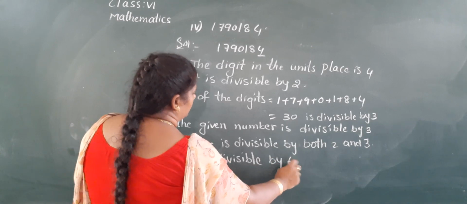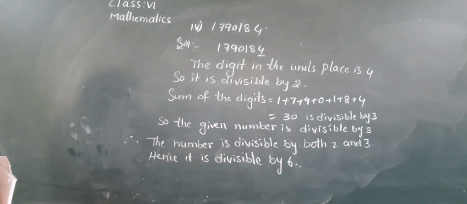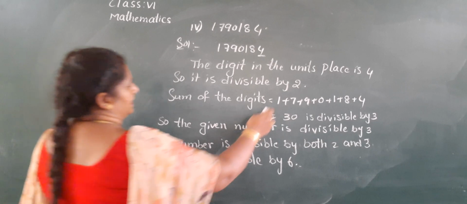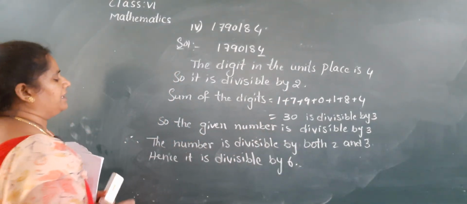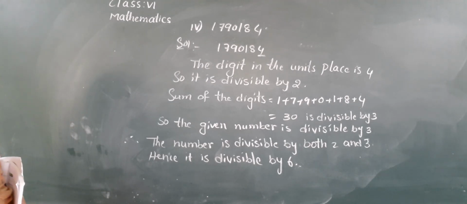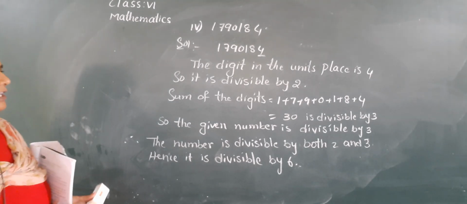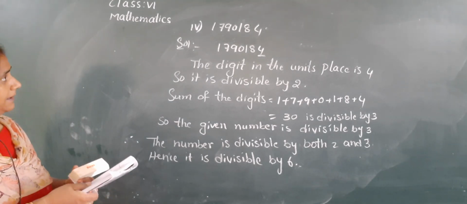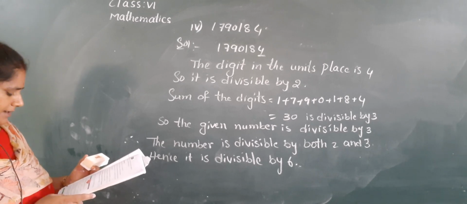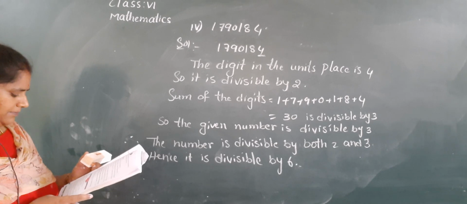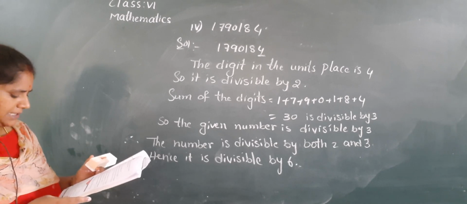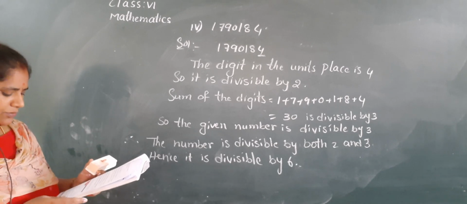Okay. So we checked whether it is divisible by 2 or by 3 or by 6, by using the divisibility rules. Next, last one. So the third problem, fifth problem, sixth problem, seventh problem you do as homework, Nana.